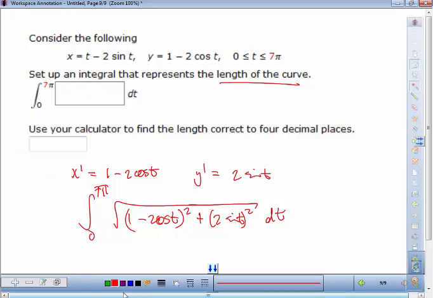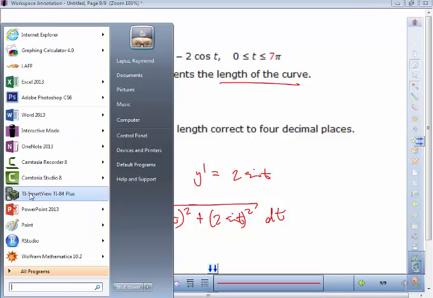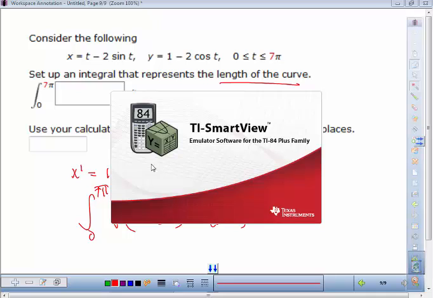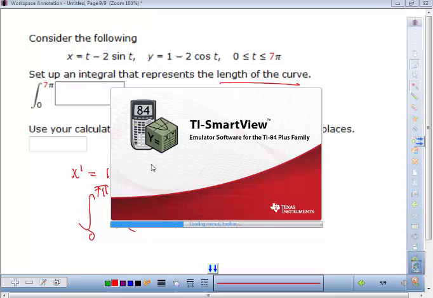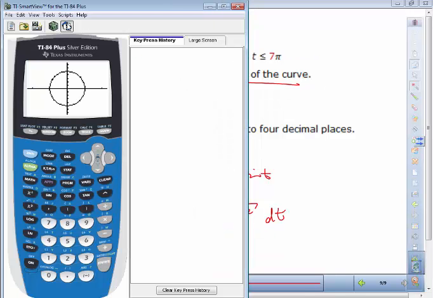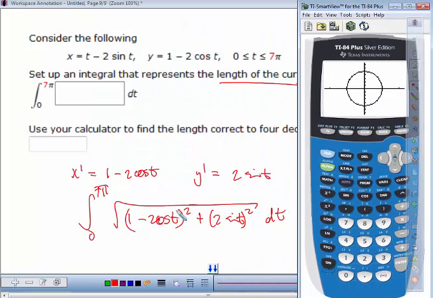But to actually put this in our calculator, if you don't know how to use your calculator, I should let you know quickly how to find a numerical value of an integral using your calculator. I know this is t, but when we get to our calculators, this is an integral of one variable, so we're going to look at this as a function in itself of x, since our calculator reads x's.